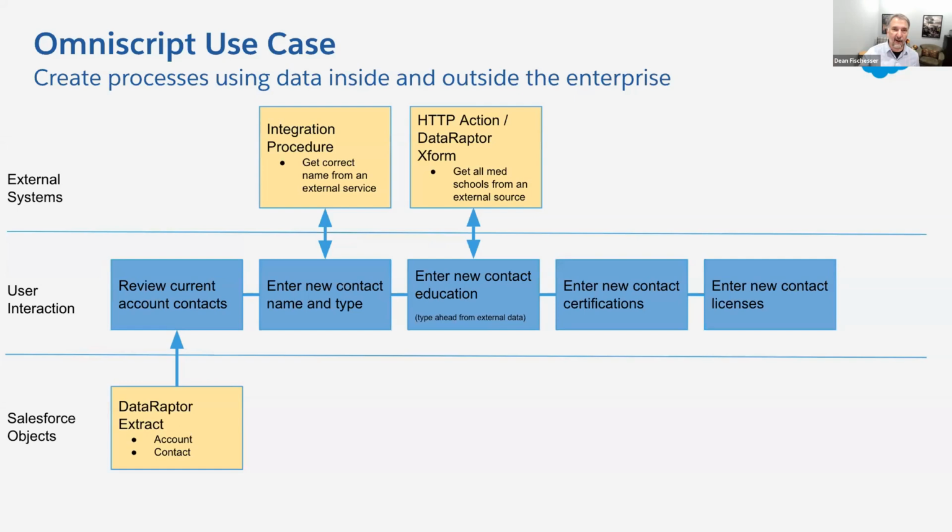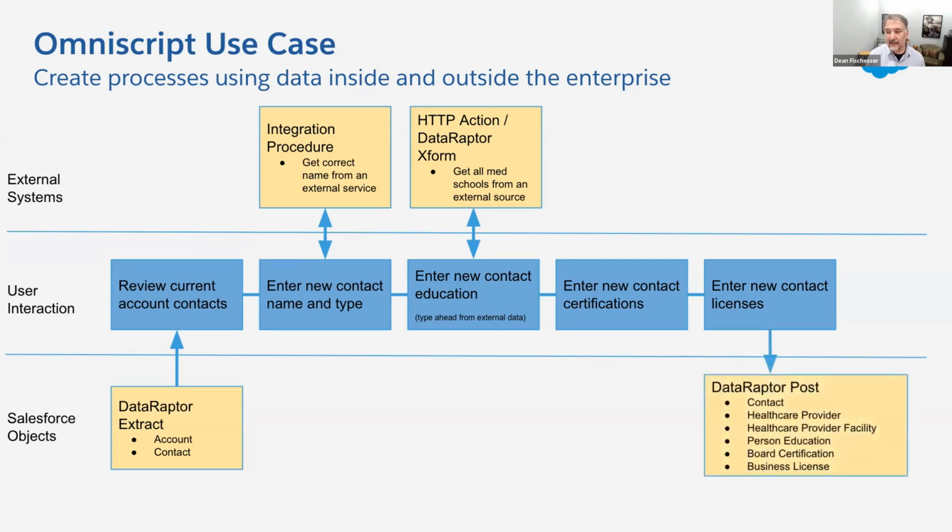So we call out to an external service, get that data for the purposes of storing it on the record as a text field, but making sure that Stanford University was spelled the same every time someone selected it. And then lastly, at the end, we decide, okay, I've got all my data, I validated it to my satisfaction. Let's now push it out to the object model, or to the objects.